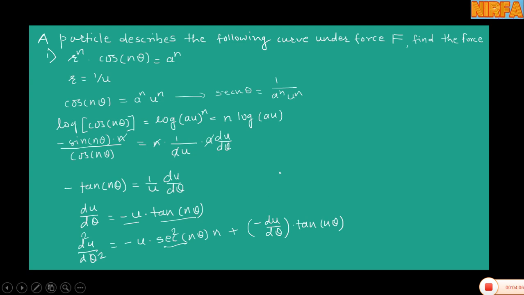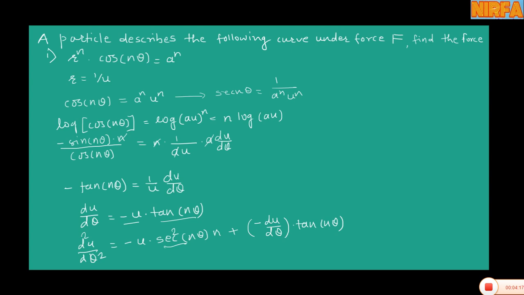So the next equation is d2u by d theta square, this is the left side, is equal to, see the first term, that is minus u into n into 1 upon a raised to 2n into u raised to 2n.